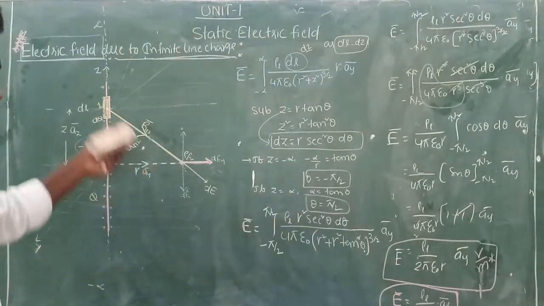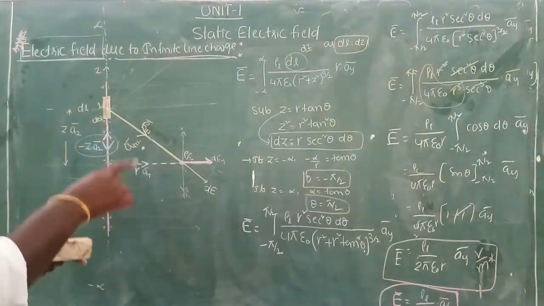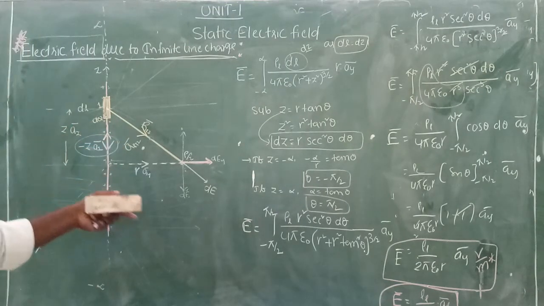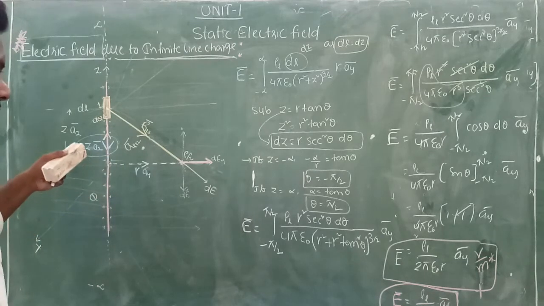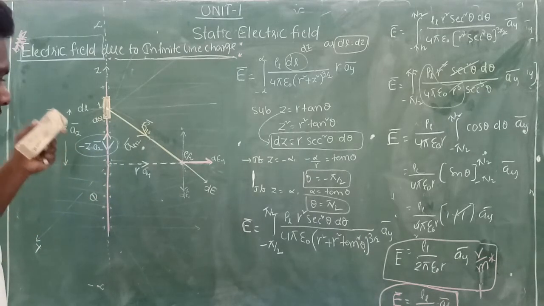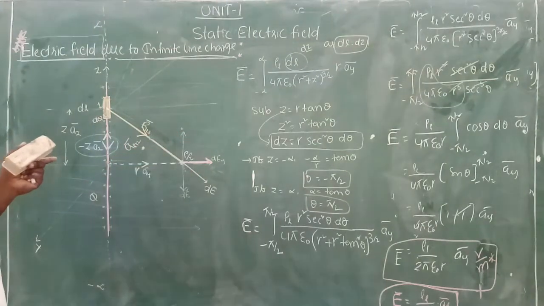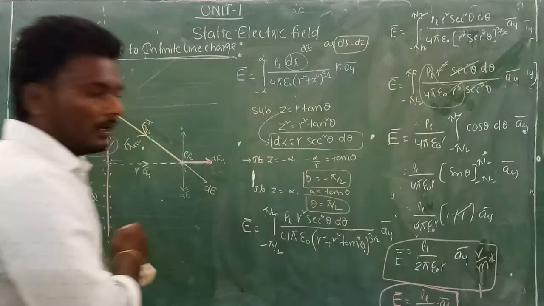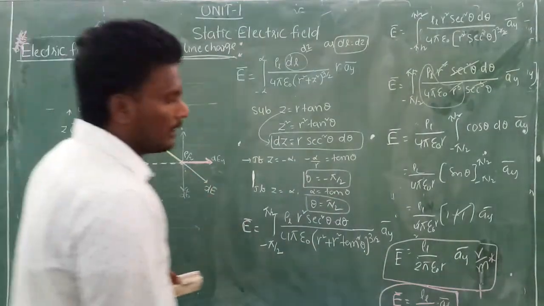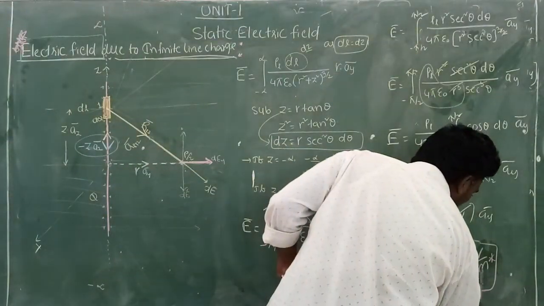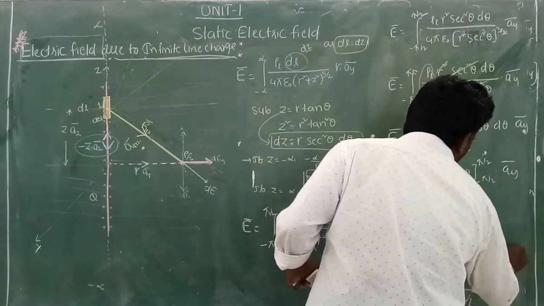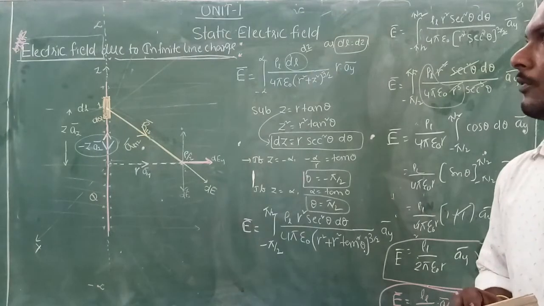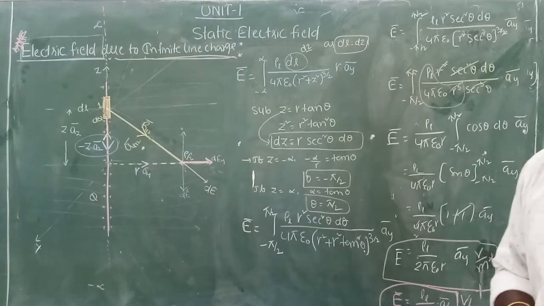If you place this line charge in the spherical system in such a way that it is located at the center of the sphere, and the distance between the center of the line charge to the surface of the sphere is r, and the direction is along the radius of the sphere, then the formula is valid. Volt per meter. Very important. Okay. Now with this we have completed electric field due to infinite line charge.